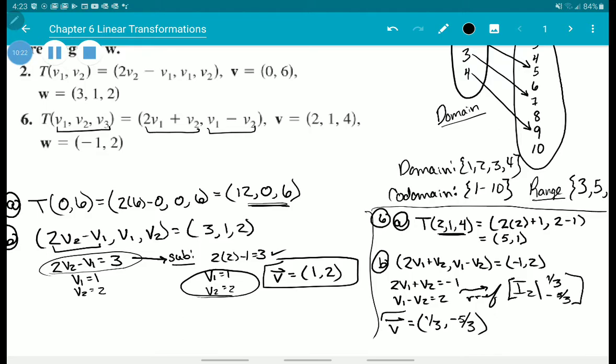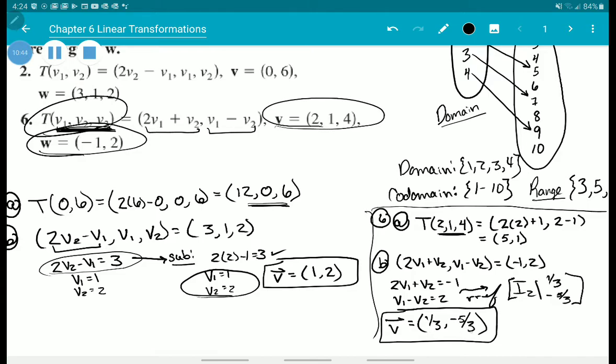So what that means is if we were to take this vector and apply this transformation, we will get this vector. But let's be careful here. Notice that we should get something in R3, right?